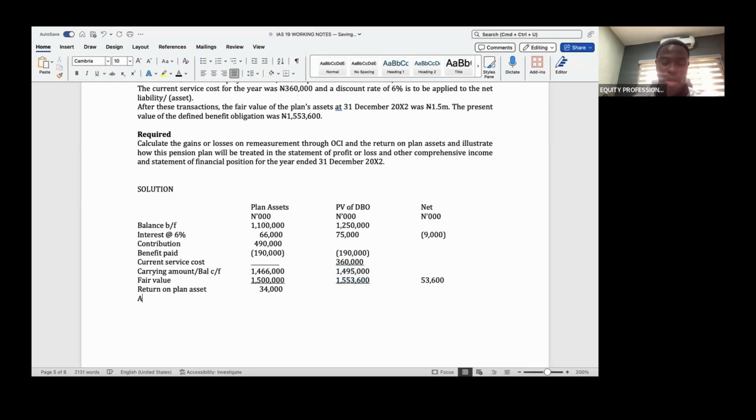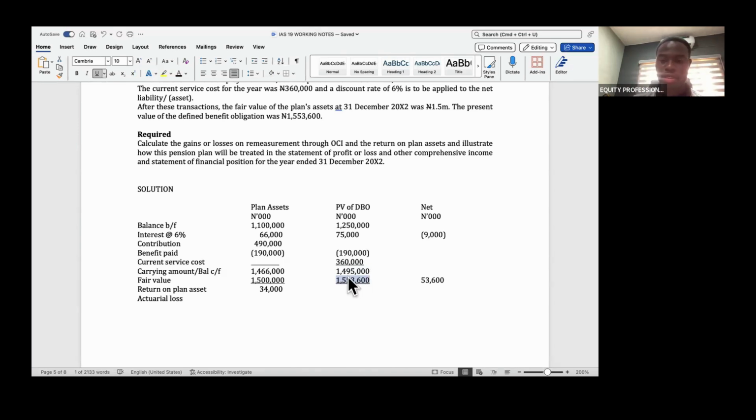That is an actuarial loss for me. My book is saying I'm owing 1,495, and you are coming to say that the fair value of the obligation is 1.5 million. That's bad news. I'm owing more. So we call that actuarial loss. It goes to OCI. The reverse will be a gain.